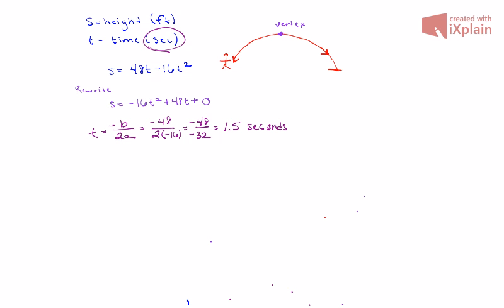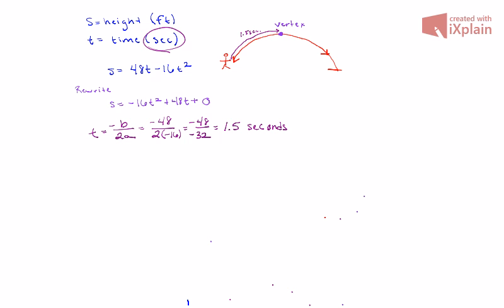But note again, we want to find the maximum height of the ball and the time it takes for the ball to reach that height. So we've answered the time at which the ball is going to be at its highest point. I know that from the moment it leaves my hand to the moment it reaches the vertex, this took 1.5 seconds.